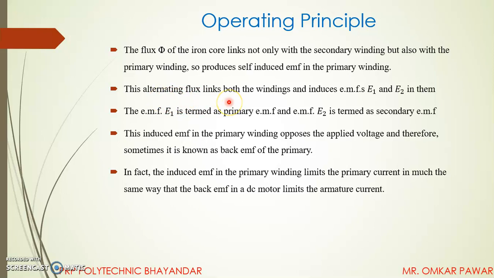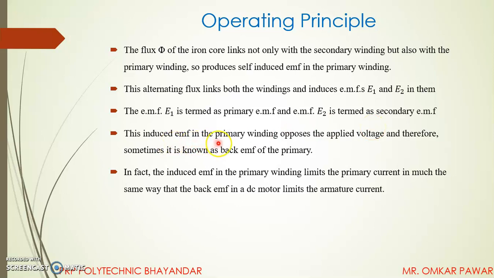So this alternating flux links both the windings and induces EMFs E1 and E2 in them. The EMF E1 is termed the primary EMF and EMF E2 is termed the secondary EMF.